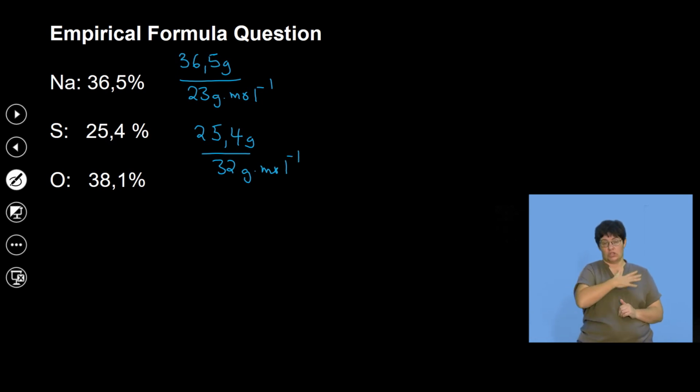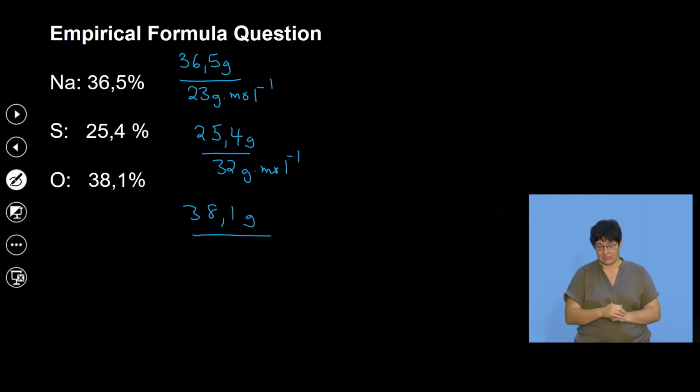And then for oxygen, we've got 38.1 grams for every 100 gram sample, divided by the molar mass of oxygen, which is 16 grams per mole, right? So what we get in each of these calculations is actually the mole in terms of each element, okay?